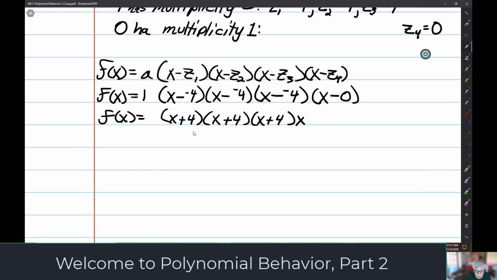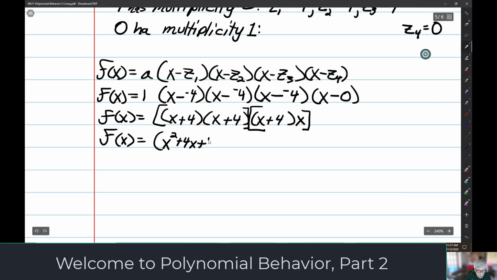So now I'm going to group these two together and these two together so that I will get x squared plus 4x plus 4x plus 16 times x squared plus 4x.